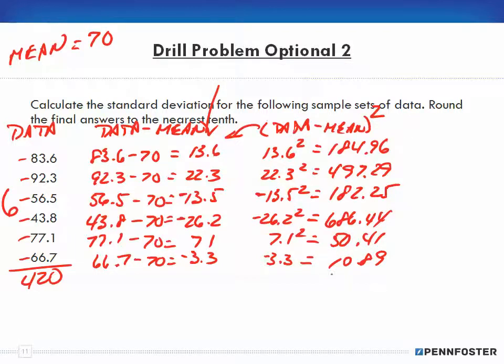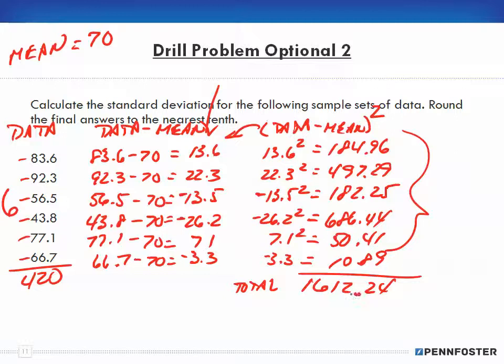Okay, so now I have them all squared. I have to add them all up, right? So I'm going to get a total here. And that total is 1612.24.